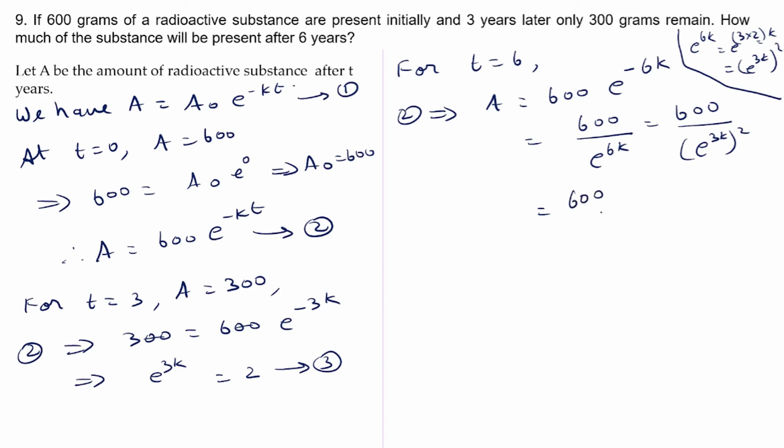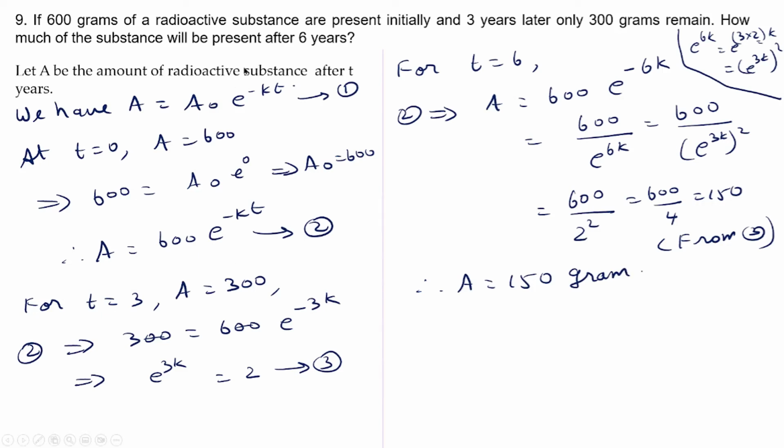So this is 600 upon 2 square. It is 600 by 4, which is 150, from 3. Therefore, A is equal to 150 grams.